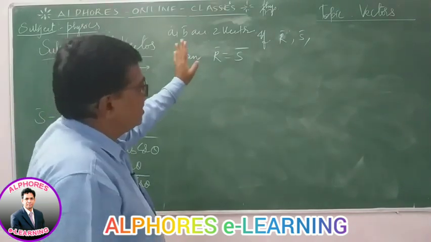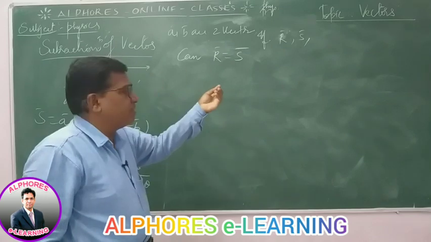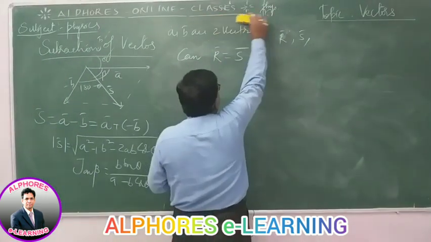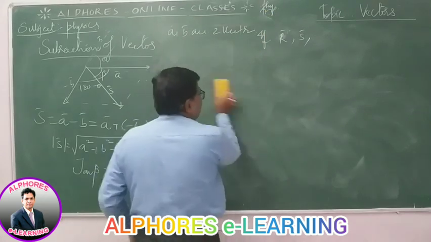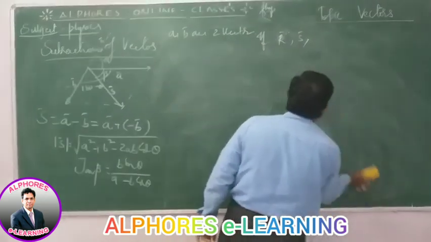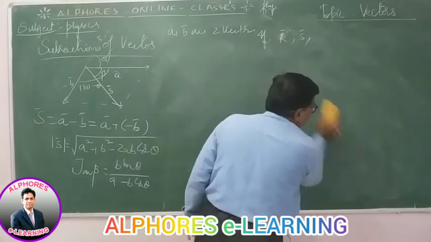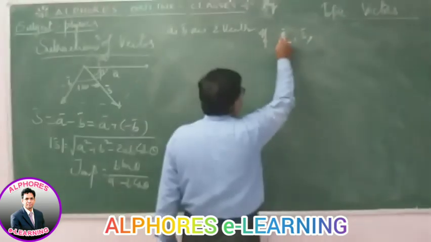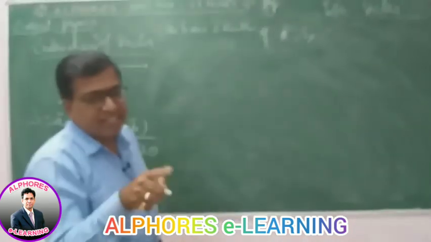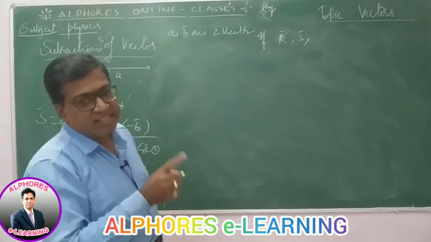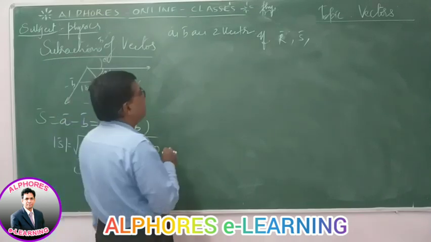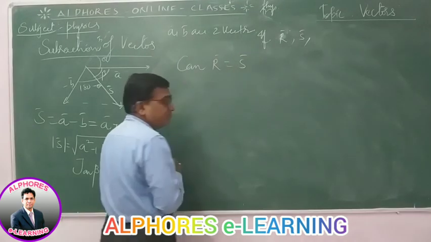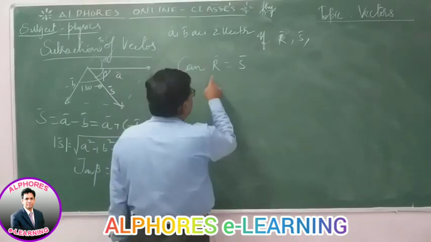A bar, B bar are just two vectors, right? Two similar vectors, of course they have the same unit, they belong to the same physical quantity. Given that R bar and S bar are their addition and subtraction resultants, can R bar be equal to S bar?